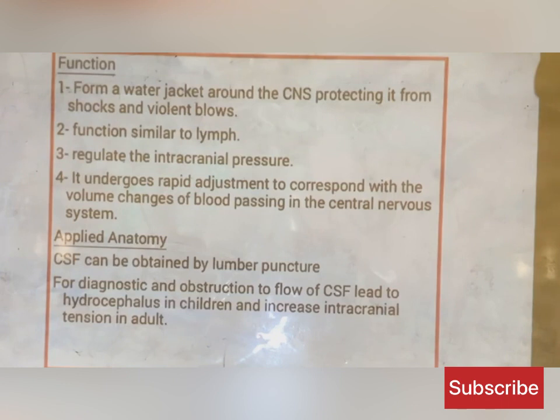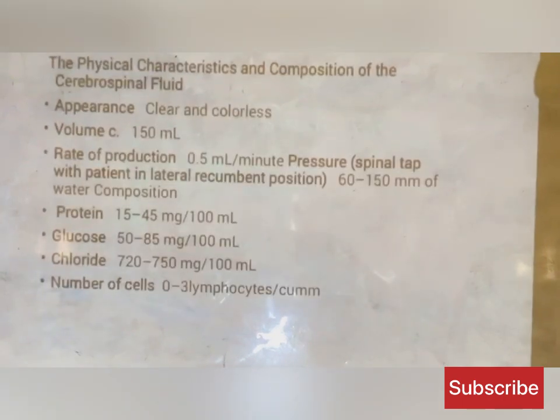As I told you, it is applied anatomy. It can be obtained by using lumbar puncture, which I described to you. And so you can use it to diagnose several disease conditions, like meningitis and hydrocephalus. Any cause of raised intracranial pressure can be deduced from this lumbar puncture to ascertain the CSF.